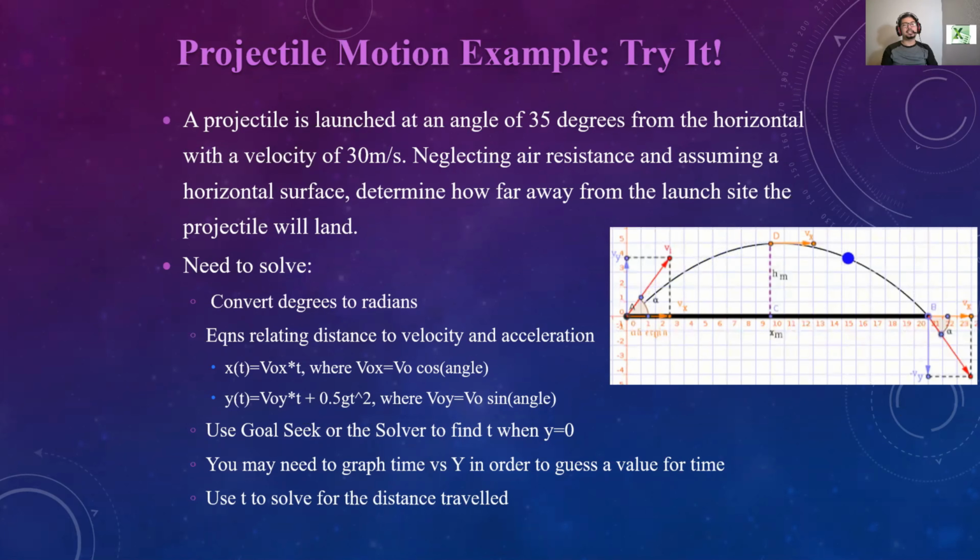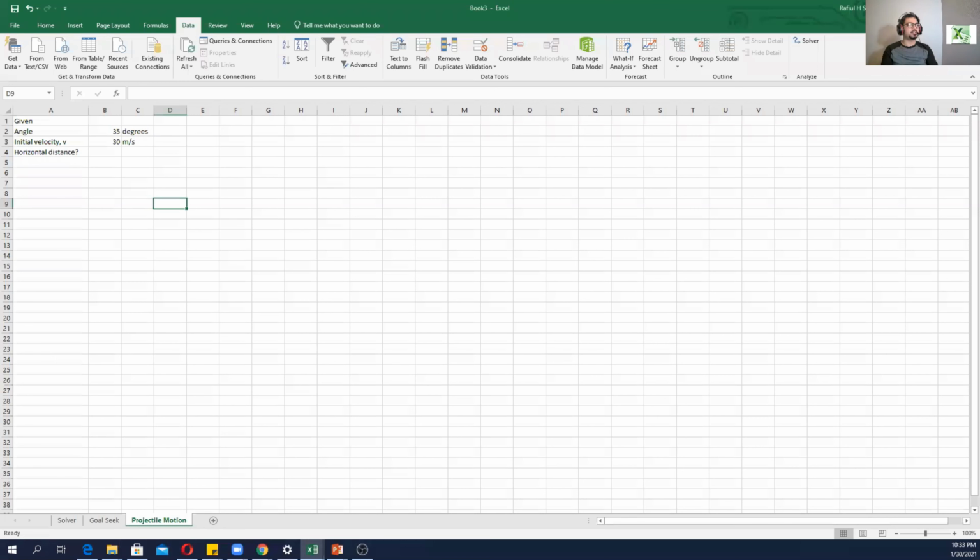So we need these to be incorporated in the Excel file. Let's say g. As we have defined upwards as positive, we will have g as a negative value, and we know g is approximately 9.81 meters per second squared.